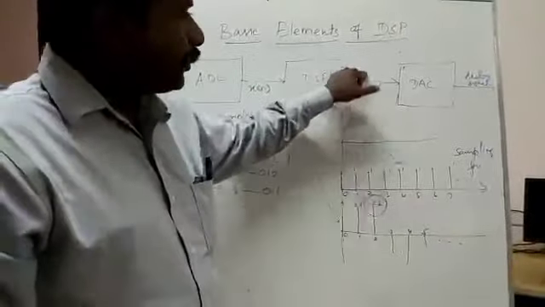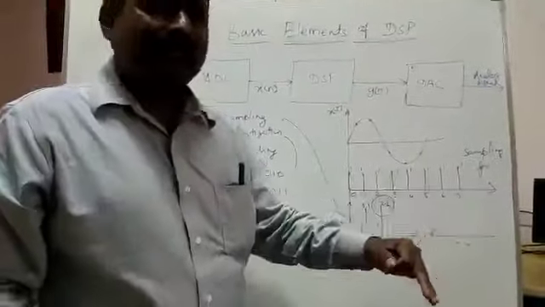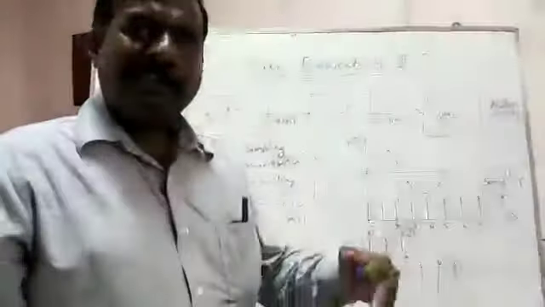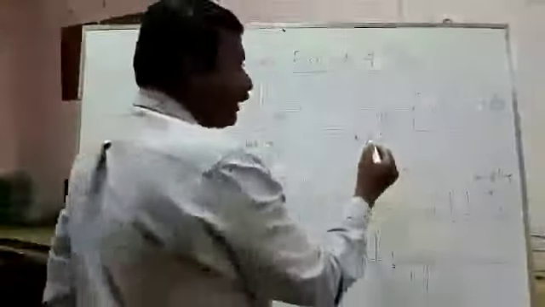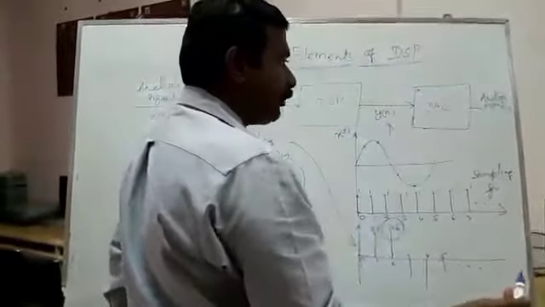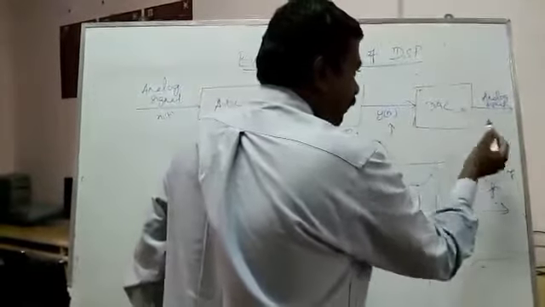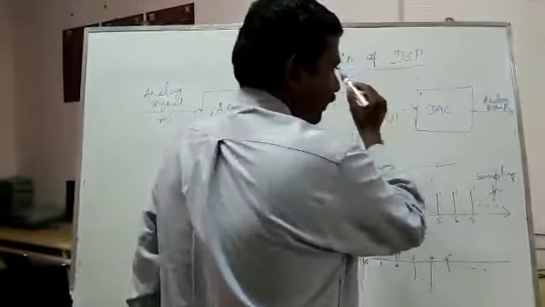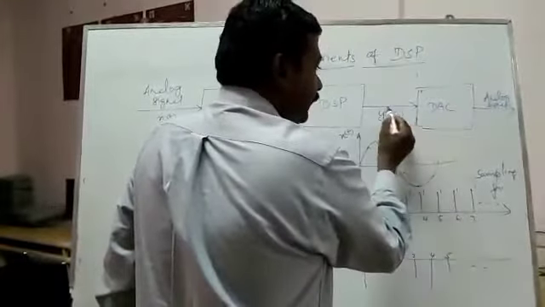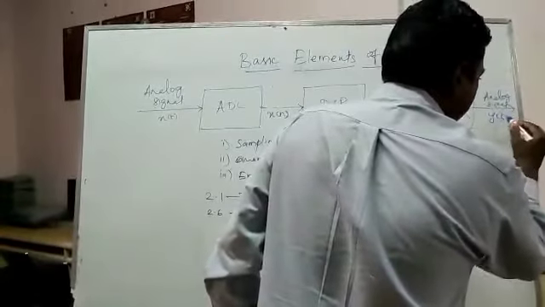This output of the digital system, or the DSP, is purely digital, which cannot be understood by the human being. So in order to make the output of the DSP understandable by the human being, we need to convert this digital into analog. So we need a digital to analog converter, which will convert the digital output of the DSP into an analog signal denoted as Y of t.